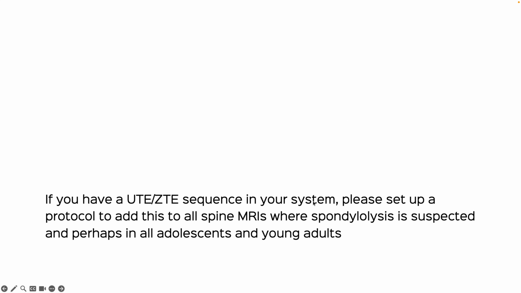So if you have access to a UTE/ZTE sequence, please set up a protocol to add this to all spine MRIs where lysis is suspected, and perhaps in all adolescents and young adults where lysis is typically a top of the list diagnosis, unless you have infection or tumor. And we've done that now. So when we're protocoling in most people now who are young, we're doing UTE/ZTE sequences.